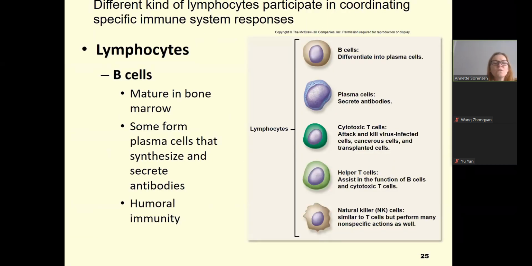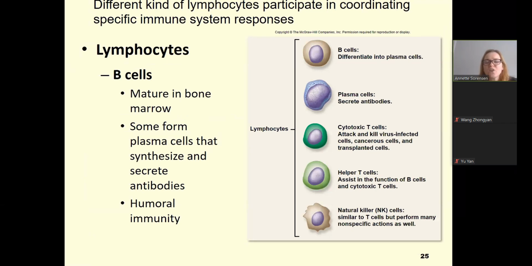Okay, so there are different kinds of lymphocytes which participate in coordinating this specific immune system response. We have B cells, you can see them here on the right side. We have B cells, plasma cells, cytotoxic T cells, helper T cells, and natural killer cells.